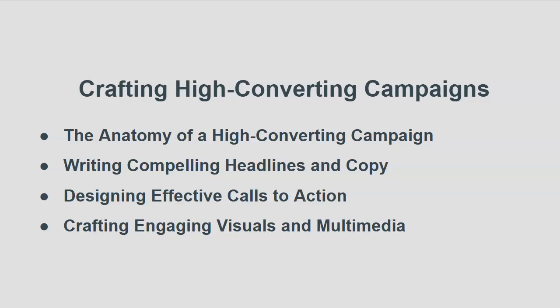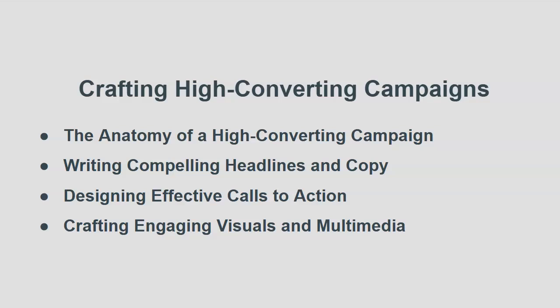The first one is we'll be examining the anatomy of a high converting campaign and how to write compelling headlines and copy, and how to design effective calls to action, and crafting engaging visuals and multimedia. These are very strong points we're going to be covering in today's class.